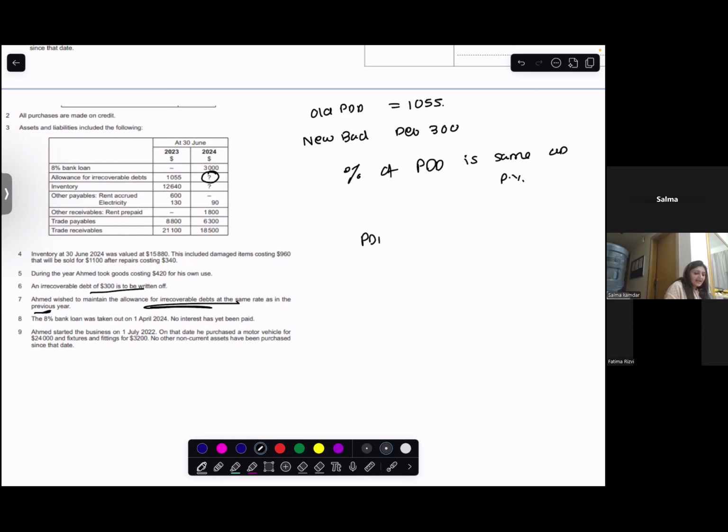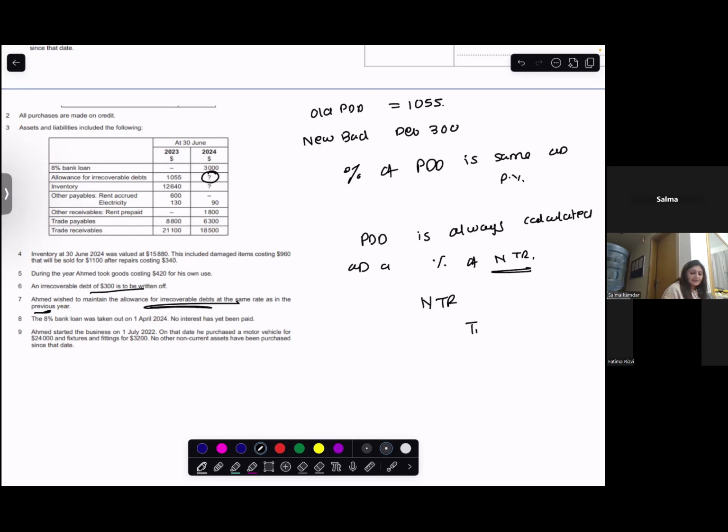Provision for doubtful debts is always calculated as a percentage of your NTR. What was NTR? Net trade receivables. How do I get the net trade receivables?